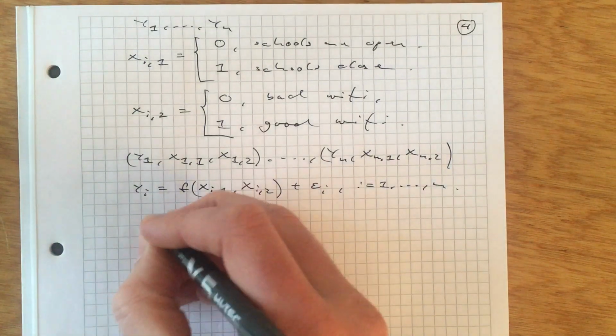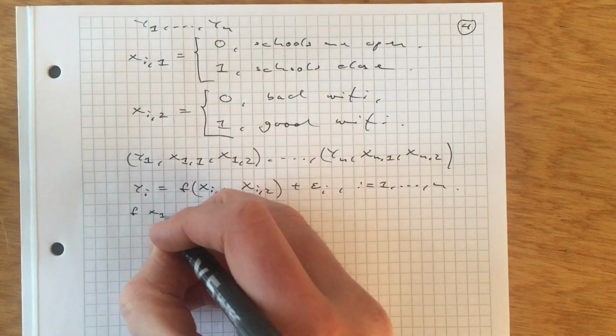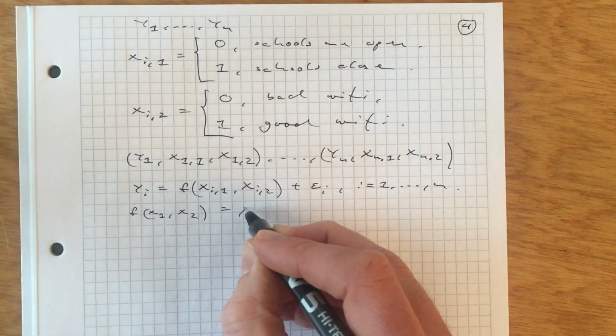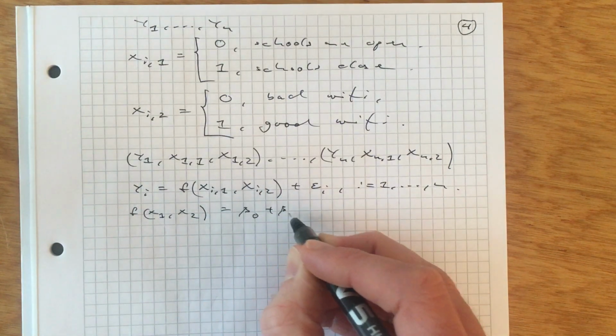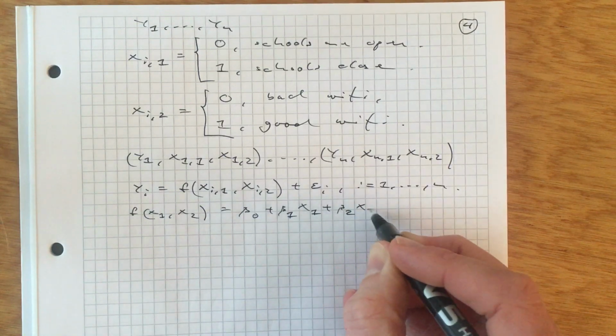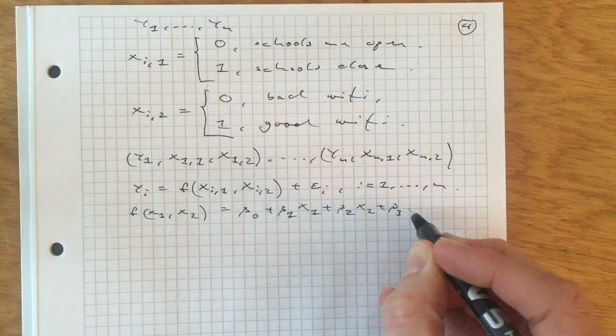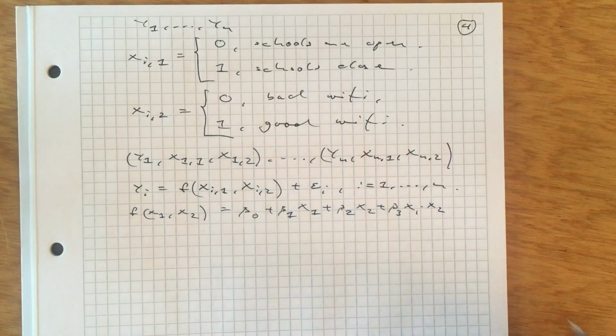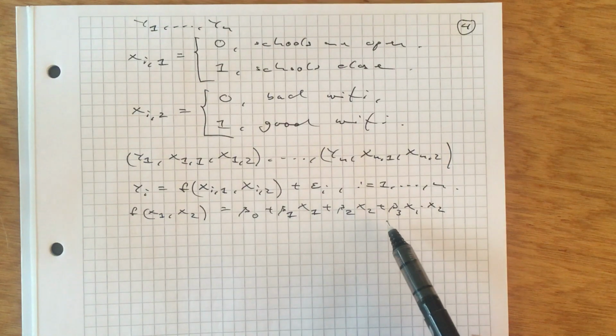And this function f of x1, x2 will be equal to beta 0 plus beta 1 times x1 plus beta 2 times x2 plus beta 3 times x1 times x2. And this is what we'll refer to as the interaction term.